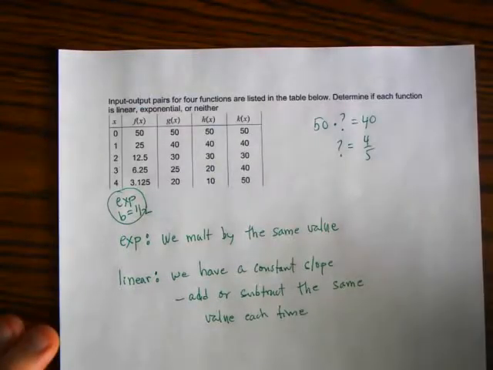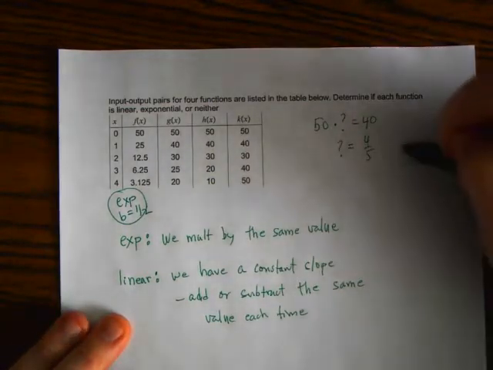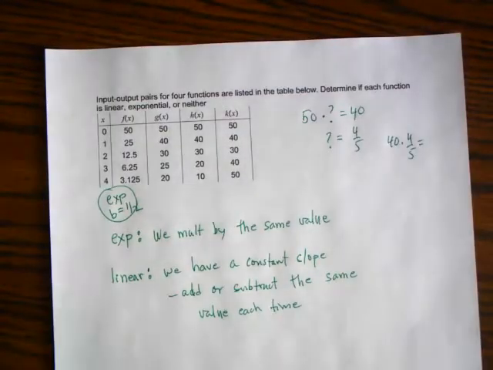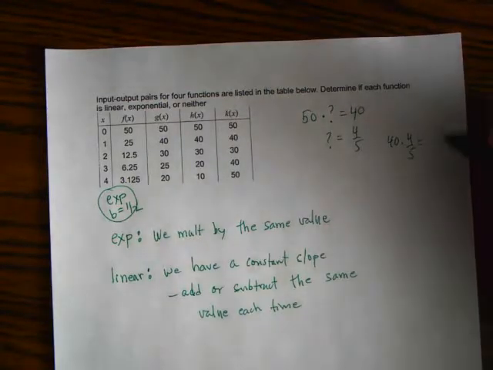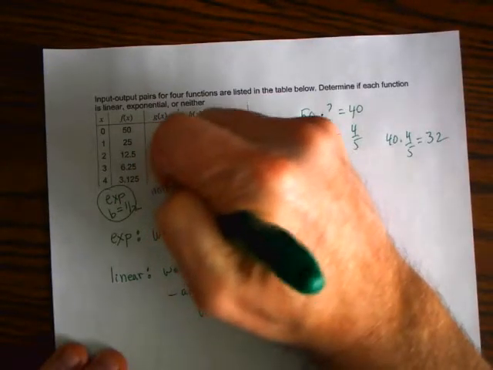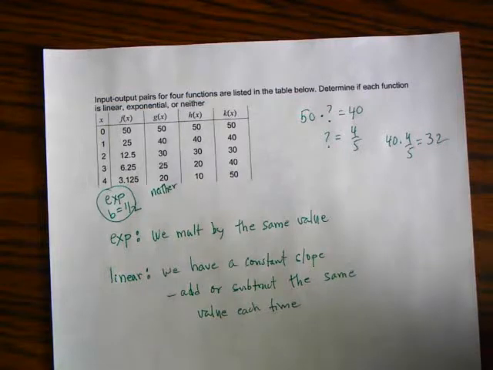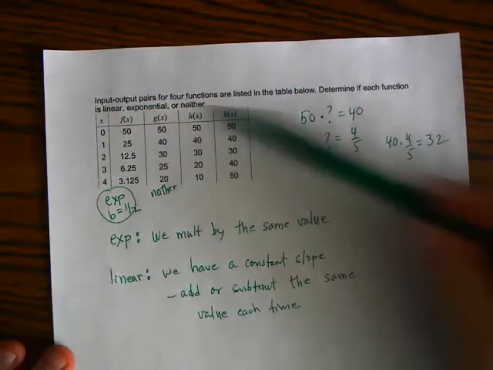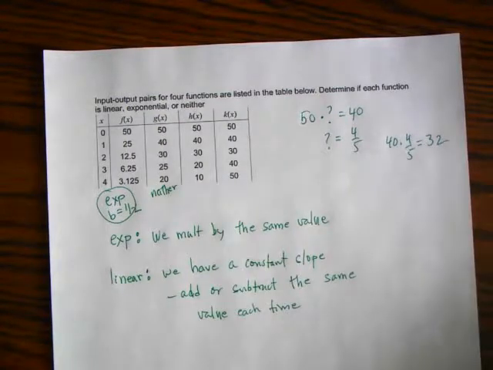Divide both sides by 50. And if I were to take 40 and multiply that by 4/5, I'm going to use my calculator. I would have 160 over 5, which is 32. So this one's a neither. It's not linear because we didn't subtract the same value each time. It's not exponential because we didn't multiply by the same value each time. That one's a neither.